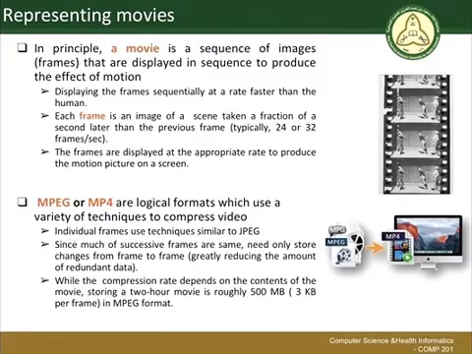And also, by taking advantage that most of the time the frames are similar, what the compression formats MP4 and MPG are doing is, instead of saving the entire image, they only, for example, save the first frame, and then for the second frame they only save the difference between them.